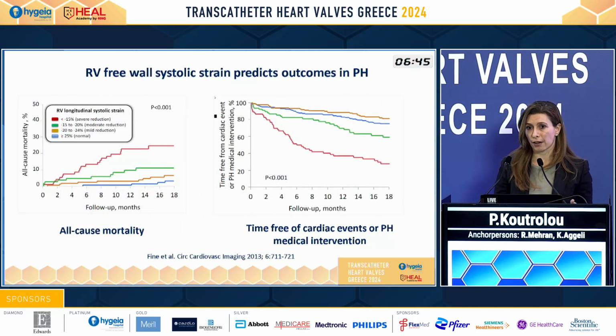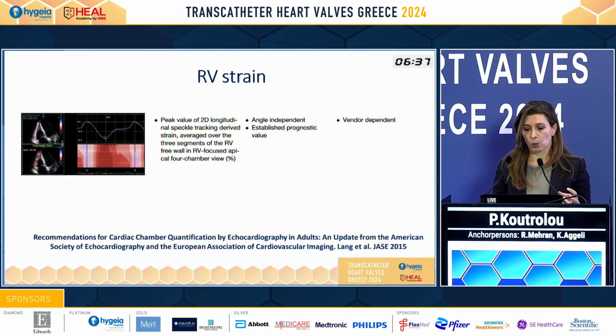For the RV strain, there are a few data from a few years ago, but also more recent studies that, again, link the RV strain with outcomes of the patient. It is very important that now we are independent of the angle, and of course, it is vendor dependent.